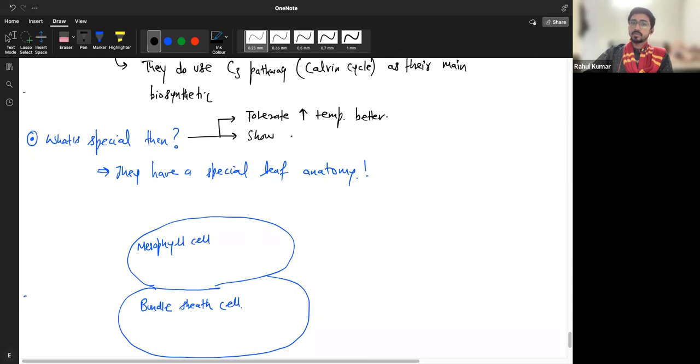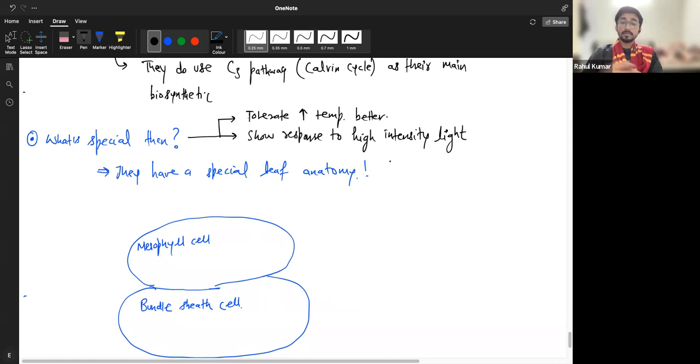They show a response to high intensity lights because they live in the dry tropical region, where sunlight is available for a very long time in the day, not like the temperate or the tundra region, where the sunlight is very less, near the Arctic and Antarctic.